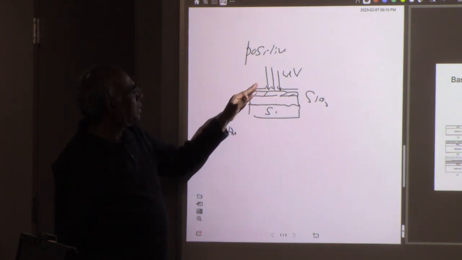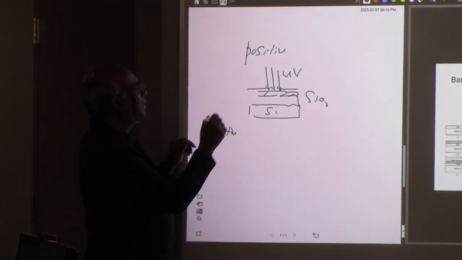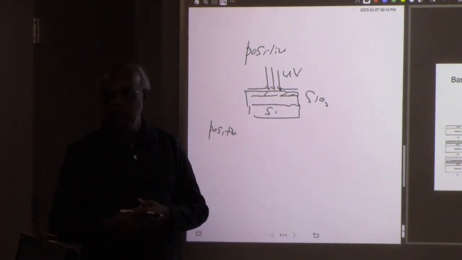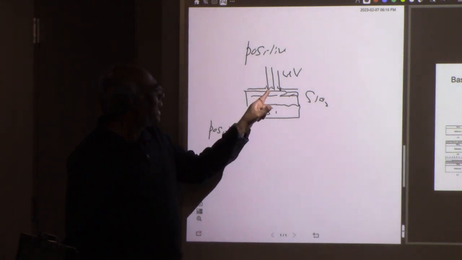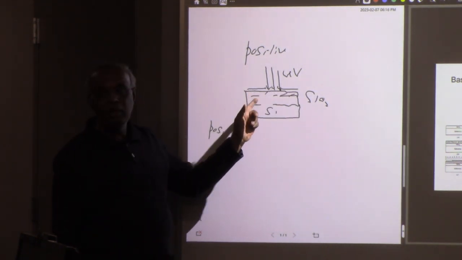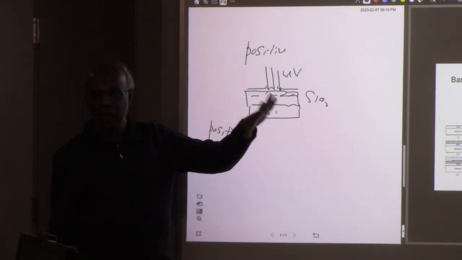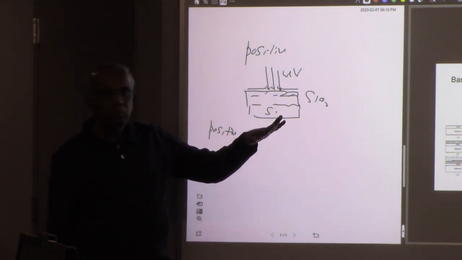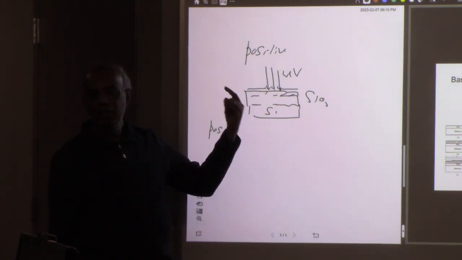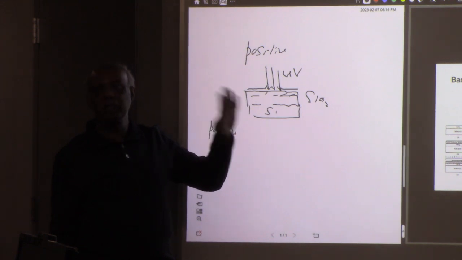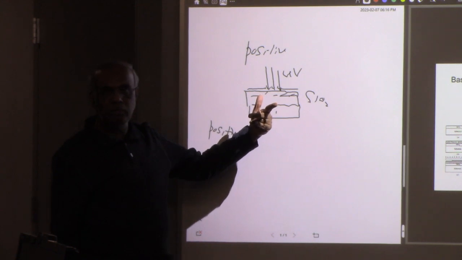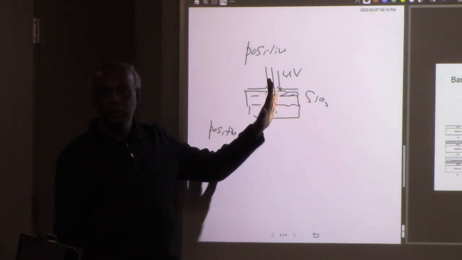Then I put it in a developing solution, and that exposed area will be washed out. The other part will remain, so you already have the pattern, right? But if it is a negative photoresist, the exposed area will remain. That's resilient. The other part, if you put it in the developer, will go away.